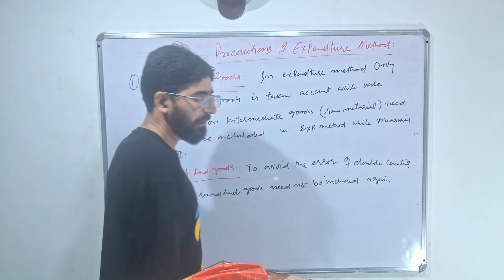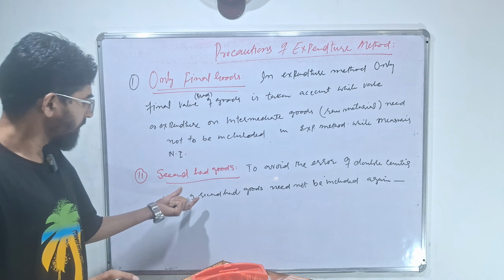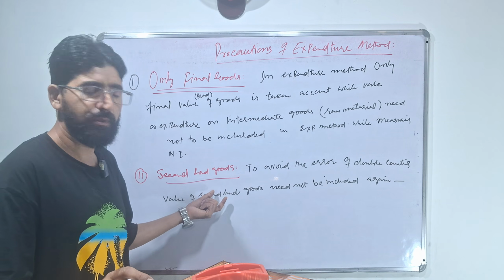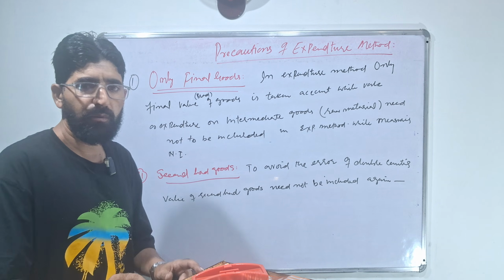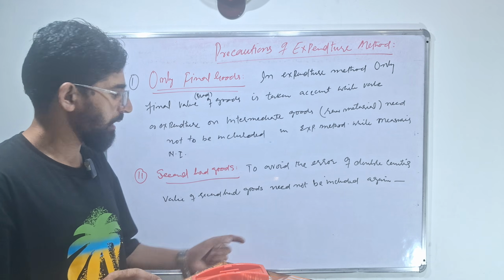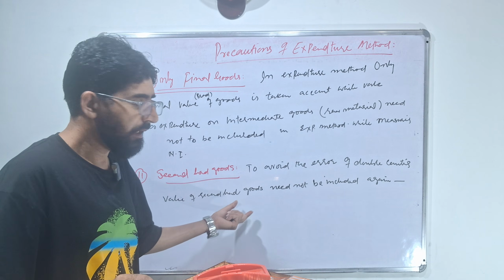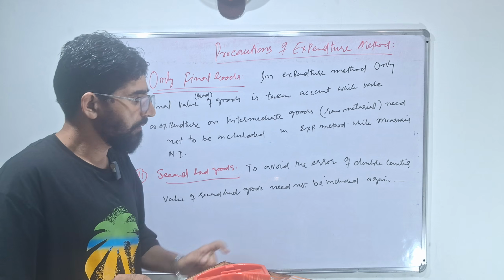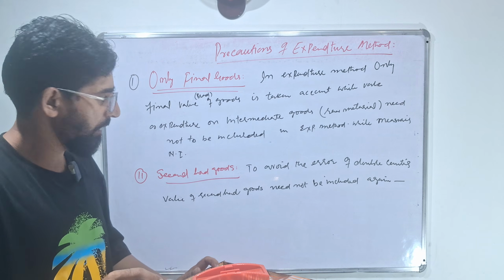Means the value of second hand goods should not be included twice. We do not have to include it again. Only the first time, when it was bought the first time.